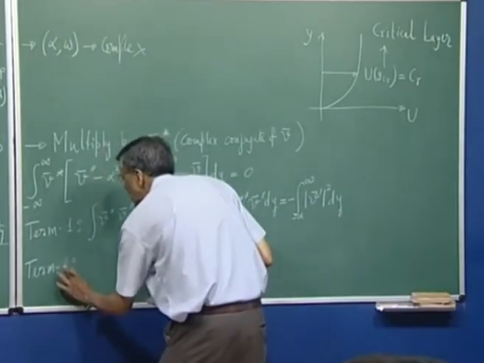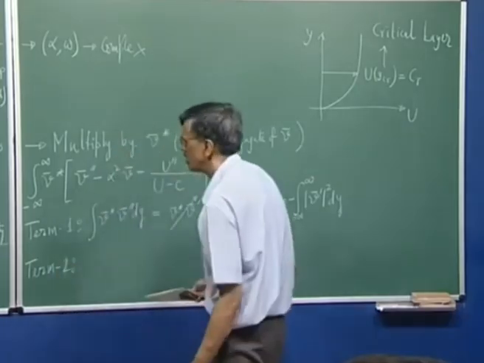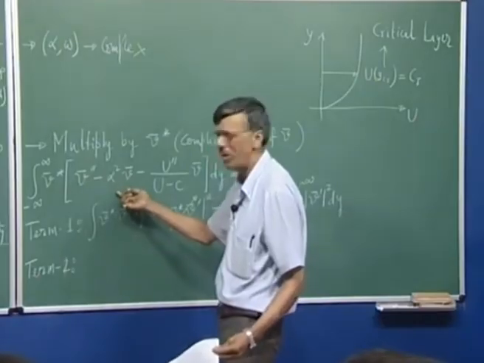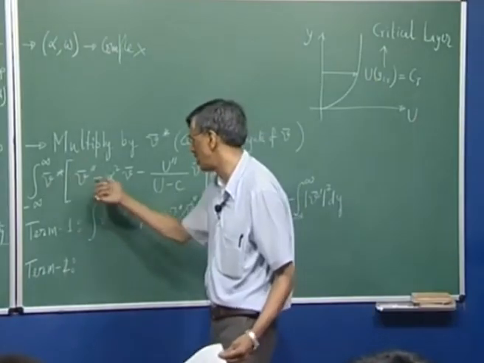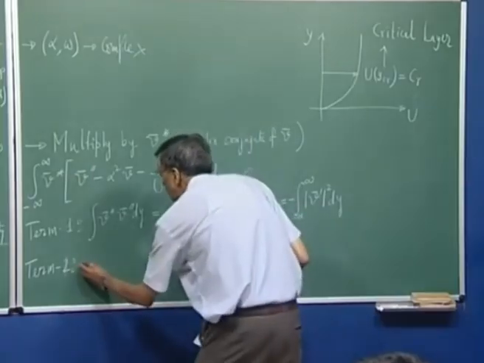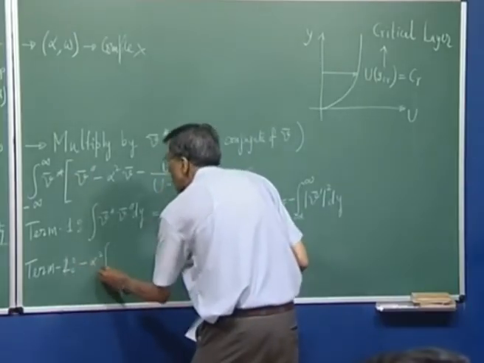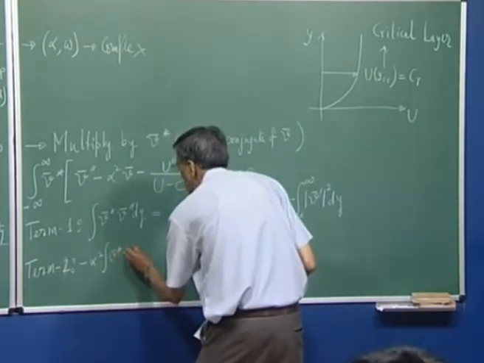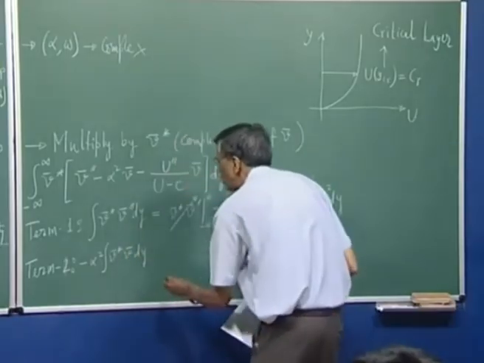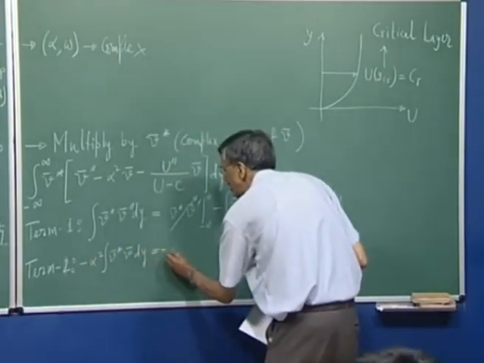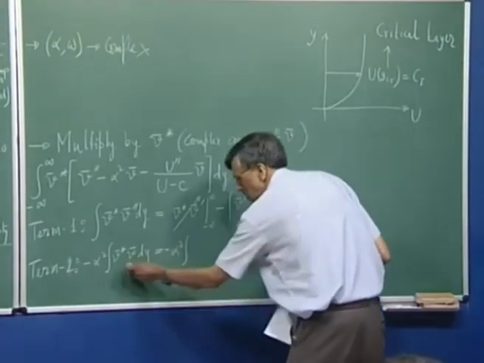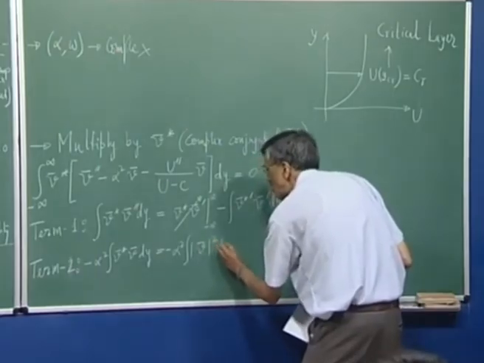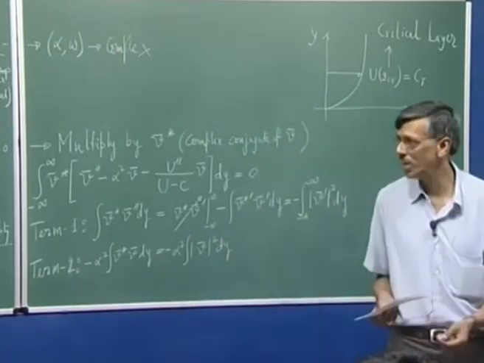Term 2, the second term, is rather simple, because that is this minus alpha square v bar star times v bar. So, I will get minus alpha square, and I will just write it the same way that we have seen, this into its conjugate. So, this will give me v bar squared dy. That is also a negative sign.